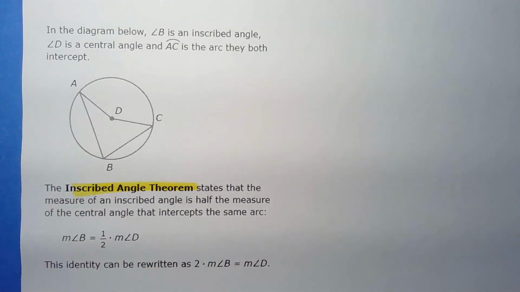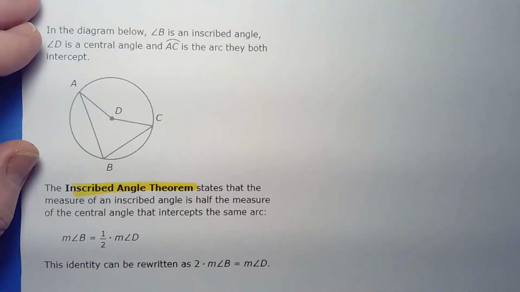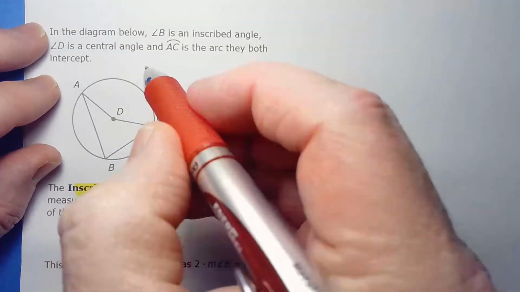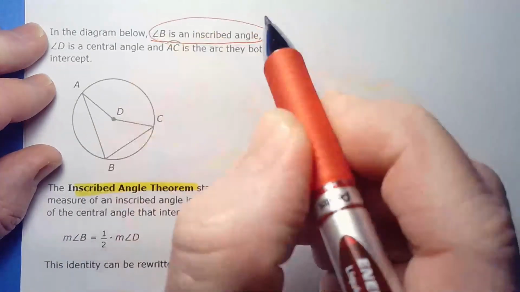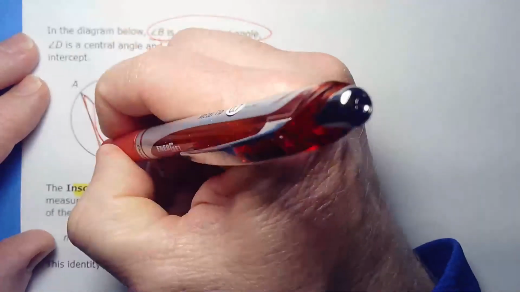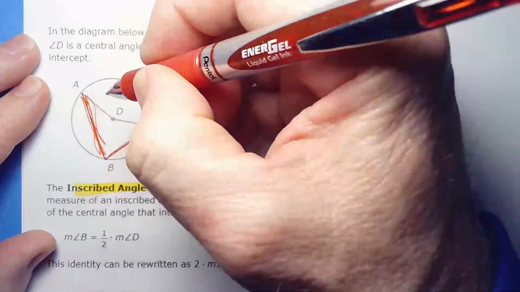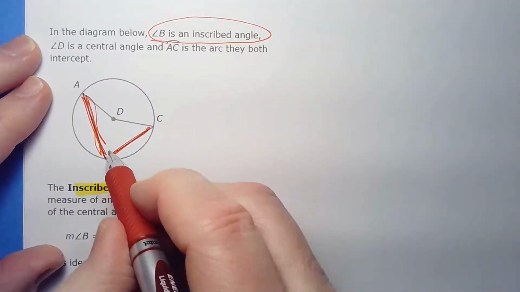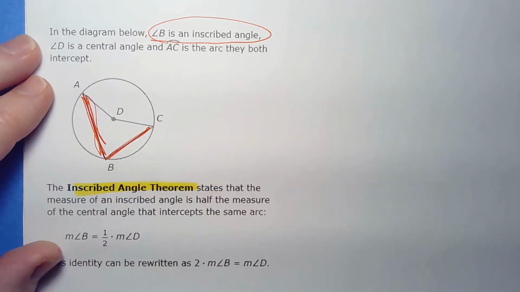And the way it works is, if you look on this picture right here, I've got angle B, right? So angle B here is an inscribed angle. Ooh, I didn't draw that very well, did I? So this is my inscribed angle, okay?